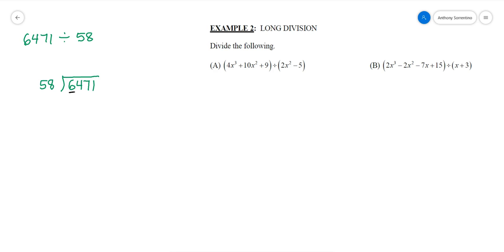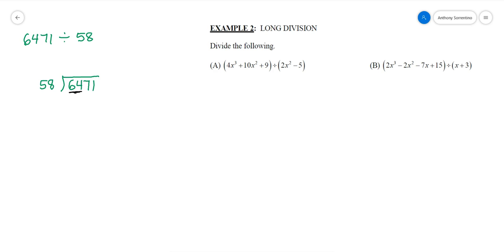Well, since this is a two-digit number out here, 58 is not going to go into 6. So with the first term, if that's the case, then I would look at the first two terms and say, okay, well, how many times does 58 go into 64? Well, 58 times 1 is 58. 58 times 2 is 116. That's way too big.